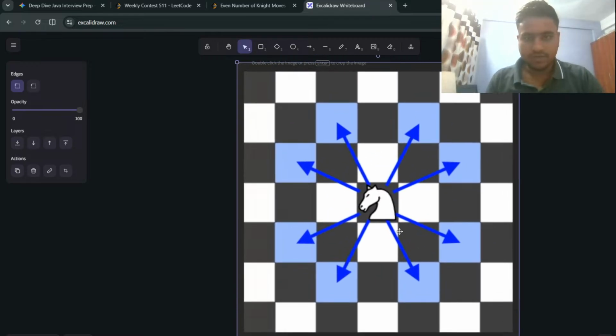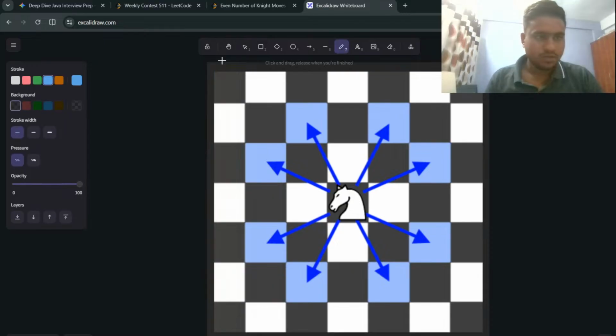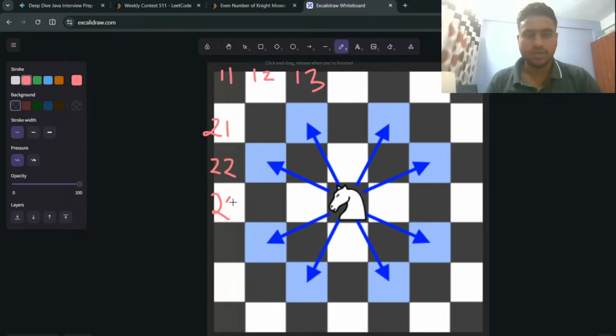Firstly, I'm going to write all the cells. This is 1 1, 1 2, 1 3, 2 1, 2 2, 2 3. Okay, got it. If I am on 1 1, then where can I go? I can go to this node, and this node.